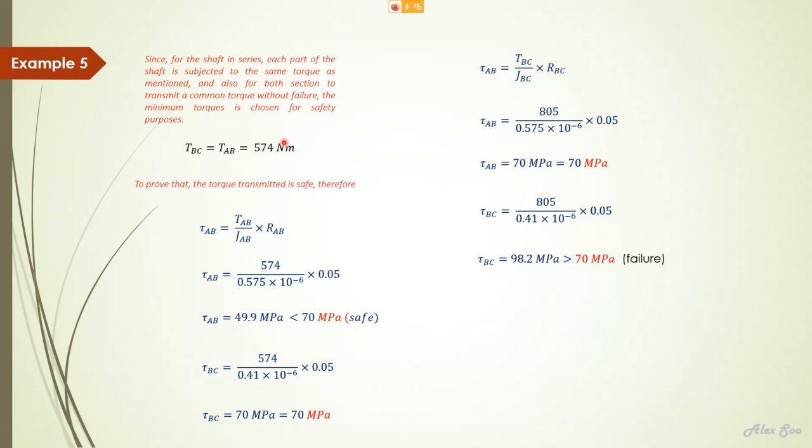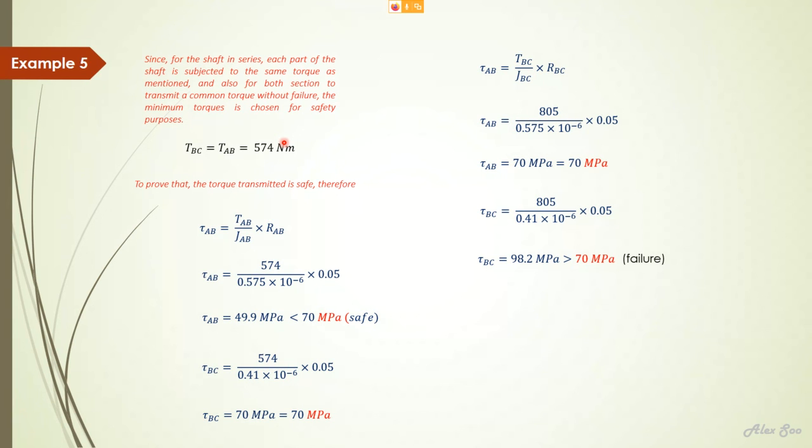I have to take 574. That means my shaft can only transmit that much power based on that torque. I cannot transmit any torque that is greater than 574.